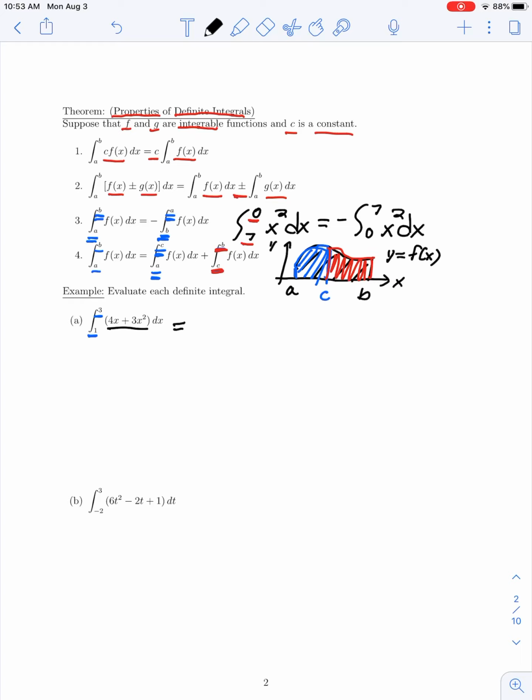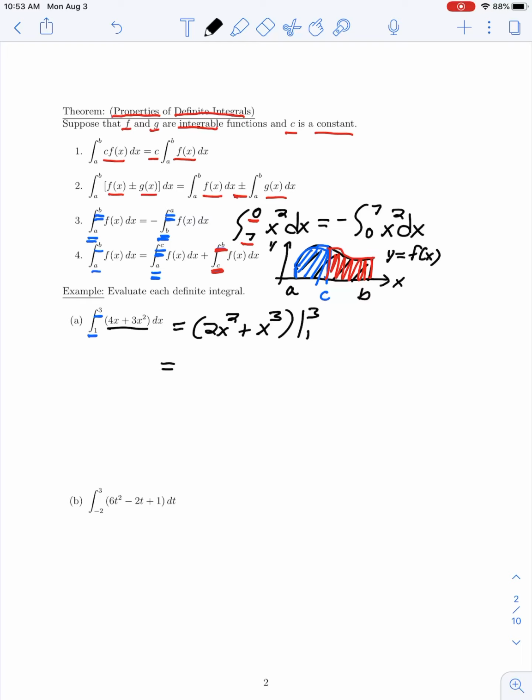And we know the antiderivative of a sum is the sum of the antiderivatives. So in this case, the antiderivative of 4x is 2x squared, plus the antiderivative of 3x squared is 1x cubed. And then once we have this antiderivative, we can evaluate on our interval from 1 to 3.